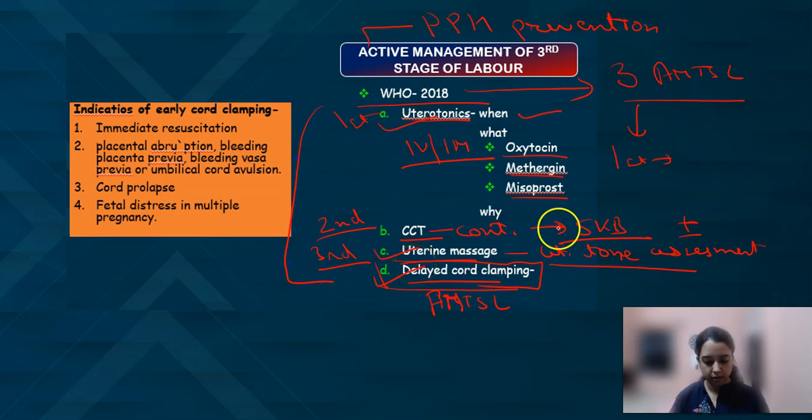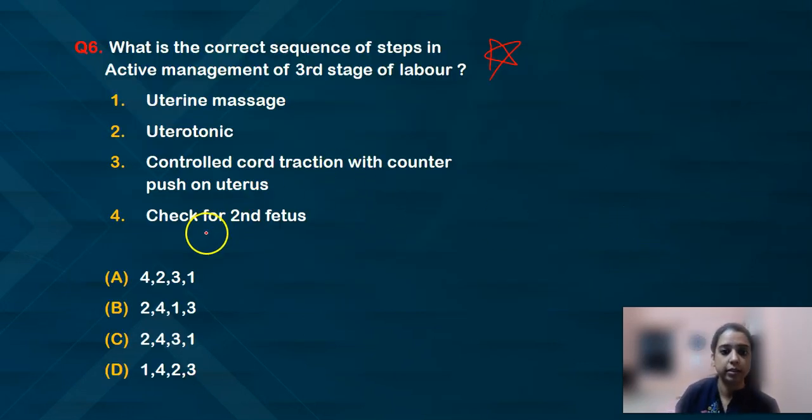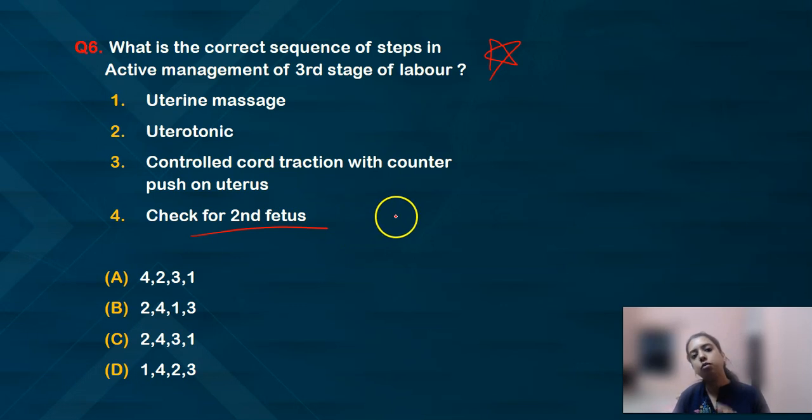Now here a new option was inserted, which was the check for second fetus. Before giving oxytocin, you will always keep your hand on the uterus and check whether there is a second fetus or not, because if it is there, you will not give the uterotonic. So check for second fetus is always the first step, and it is also given in the WHO workbook.